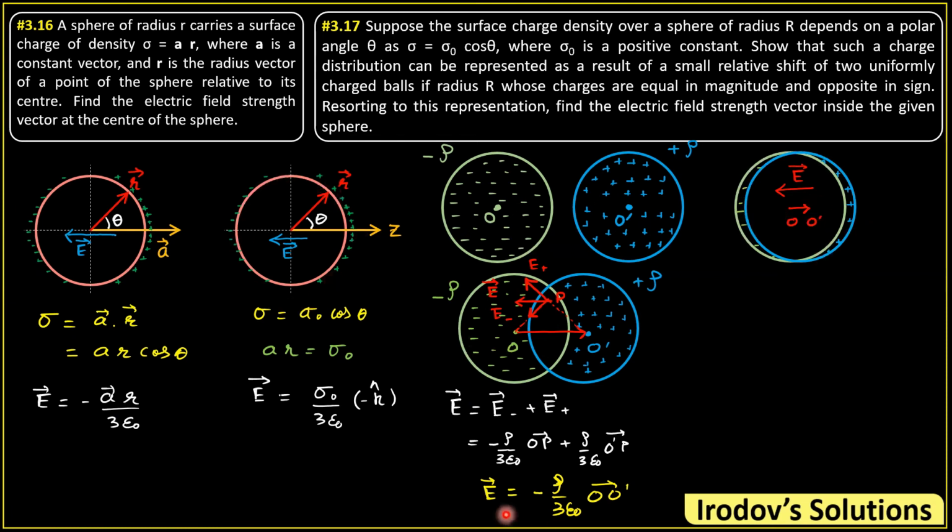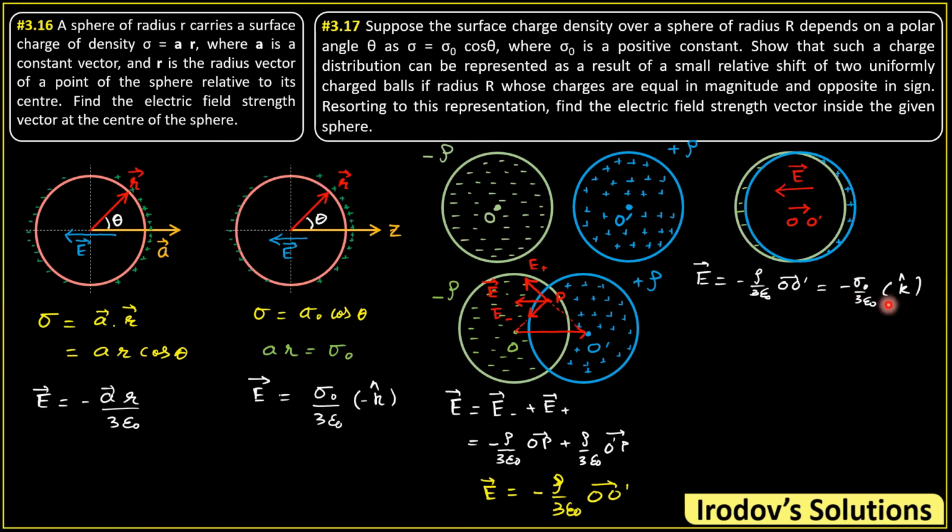So this result, as I've written here, says the electric field within this sphere would be E equal to minus rho by 3 epsilon naught OO dash vector. And if I compare to the electric field in the earlier situation, the electric field there was sigma naught by 3 epsilon naught minus k vector, or I can write minus sigma naught by 3 epsilon naught k vector.